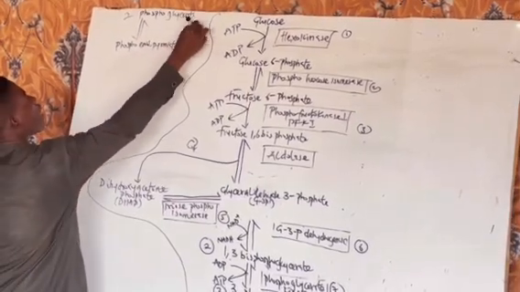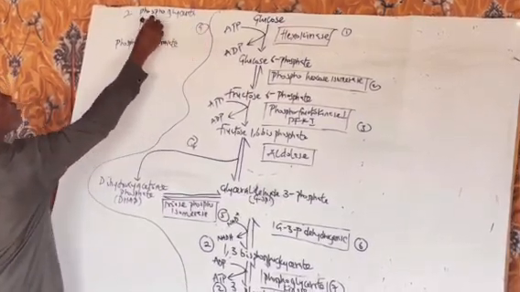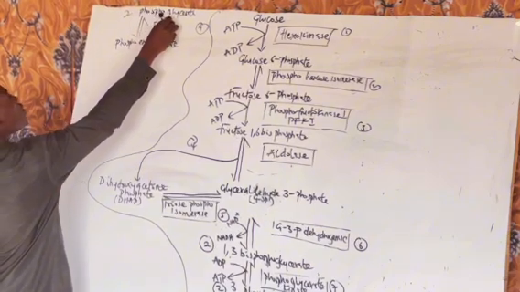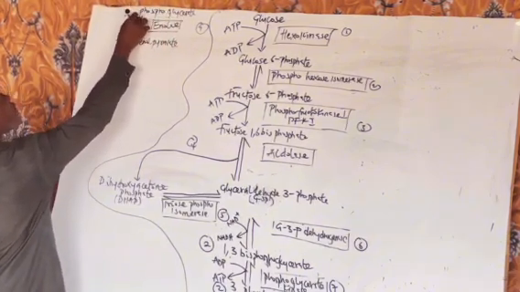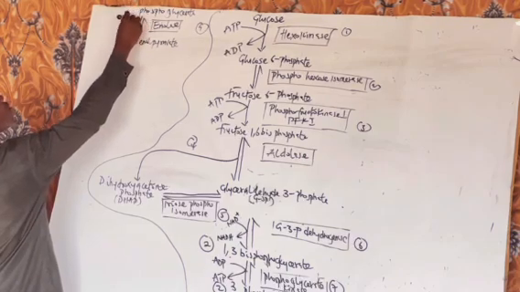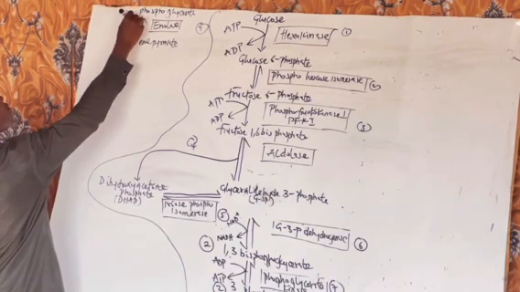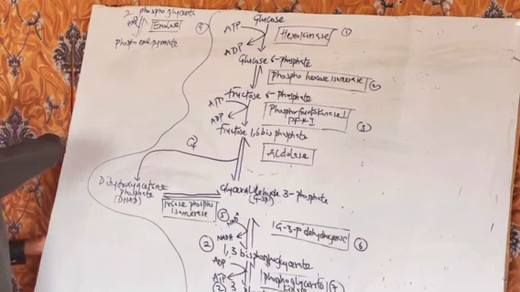This is step 9, and the enzyme that does this is enolase. So we have removal of water. So water is being removed.